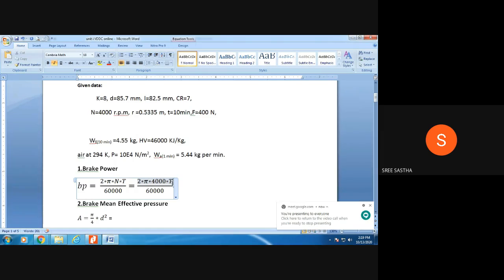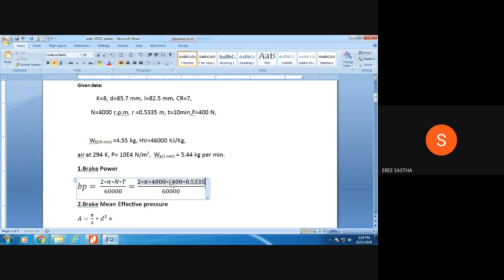For finding out the torque, we need what? Force into radius. So what I am doing is, force is 400 multiplied by R. R is 0.5335. Okay. So you have to find the answer for this.